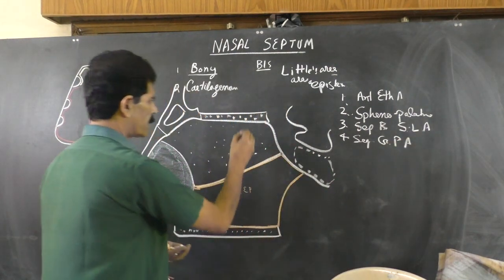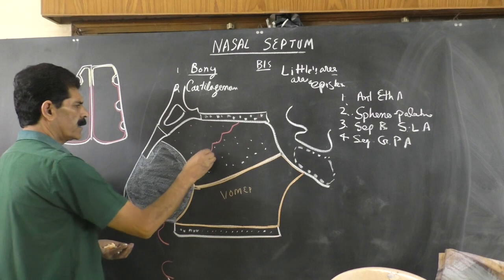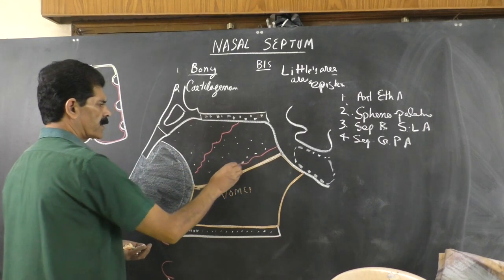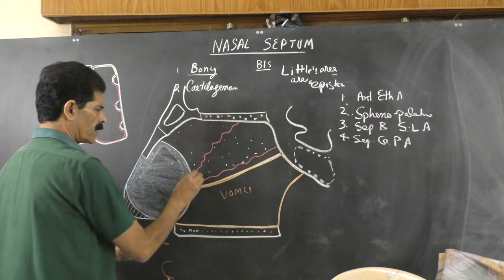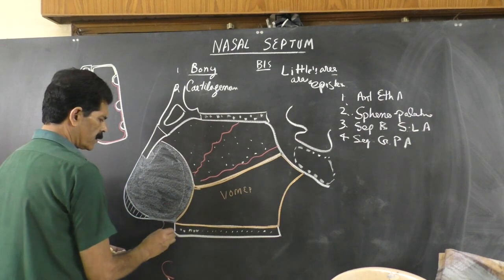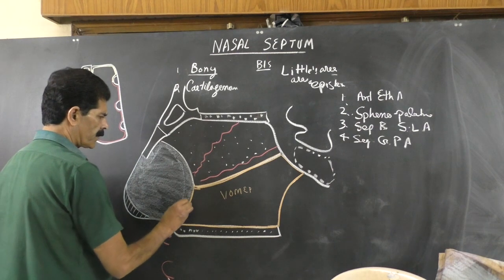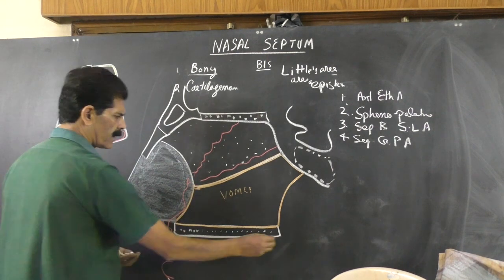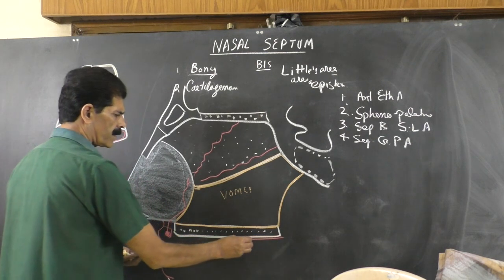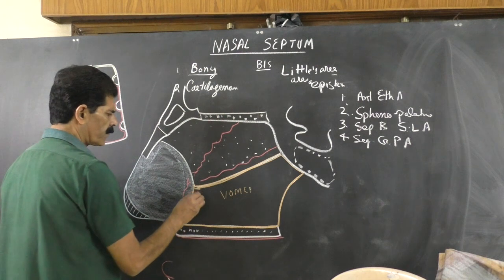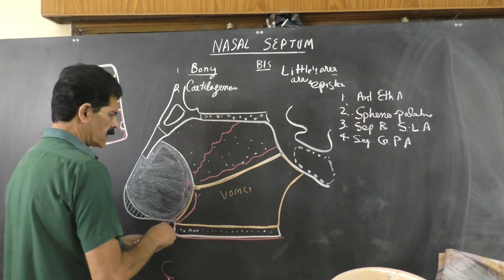So the anterior ethmoidal artery comes here, then the sphenopalatine artery, a branch of the maxillary artery, comes here, and the superior labial artery, which supplies the upper lip, also gives the septal branch which comes here, and the greater palatine artery, which runs on the inferior surface of the palate, also contributes to the formation of this anastomosis.